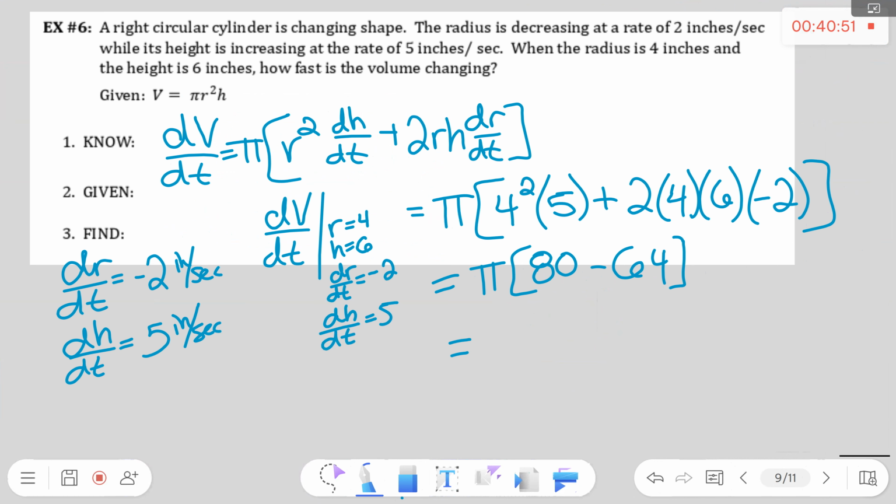Should be negative. Wouldn't it be negative? So it'd be negative 60. I did a boo boo. I didn't figure out the units. I think inches squared per second.